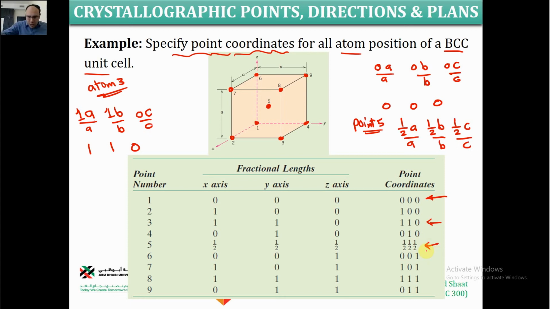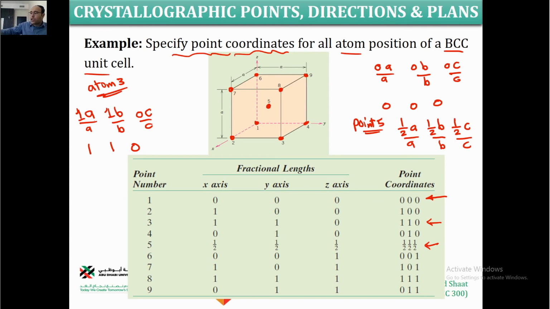So you're just gonna arrange these 3 indices, indicating that you're gonna move half of this edge, half of this edge, half of the height to reach point 5. And so on. You can repeat for the other points. You're gonna find that it is a very simple, very straightforward method to locate the point. The key condition is that there is no parentheses, there is no commas. This is not the conventional way of representing points.